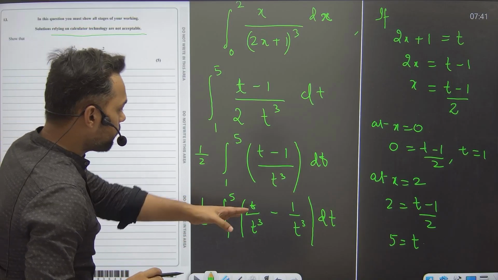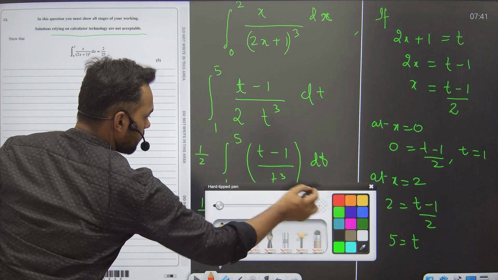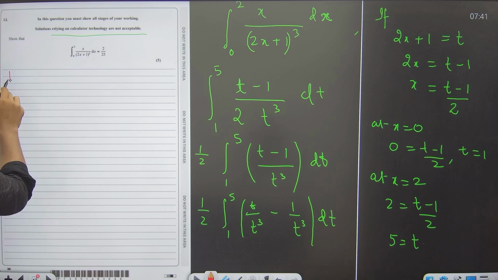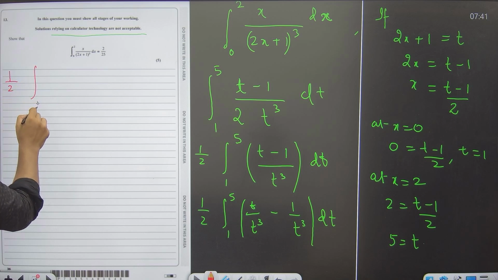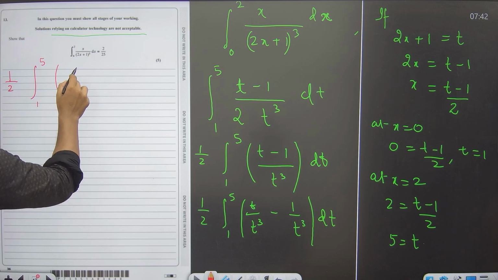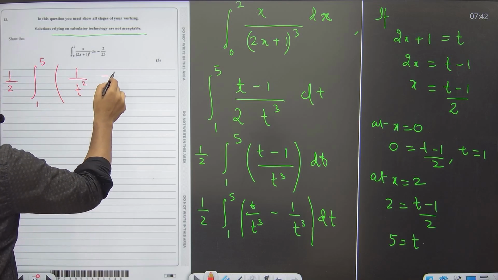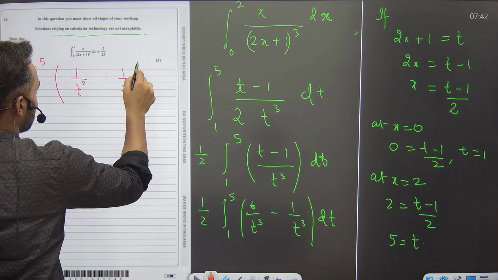From here you can see what we will get. 1 by 2 was the common part, and from 1 to 5 in the bracket we will get 1 by t square minus 1 by t cube dt.